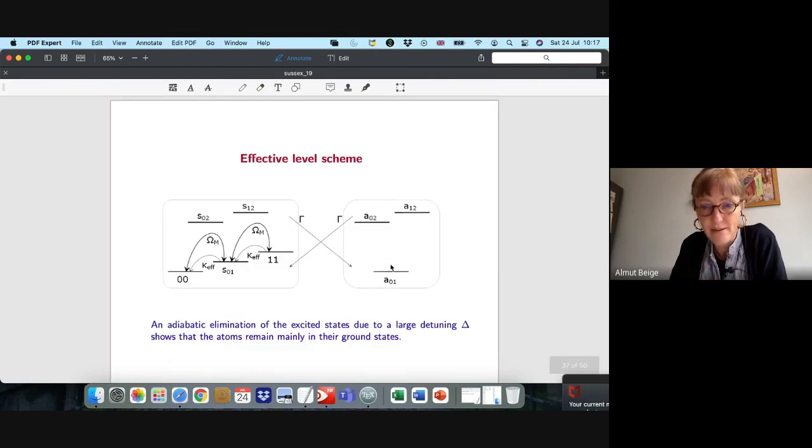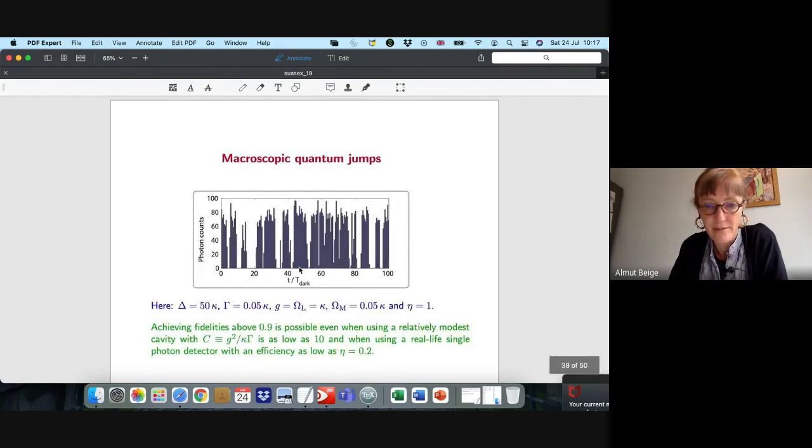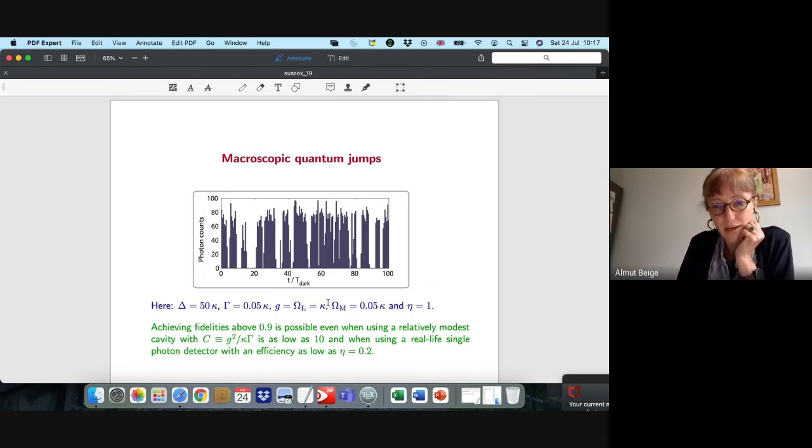So this will be the dark state of the system. And if you then turn your lasers off, the system stays there. This is a simulation of the macroscopic light and dark periods that you would get. And even if your system has quite large decay rates, I won't go into the details because of time, I don't want to run over.